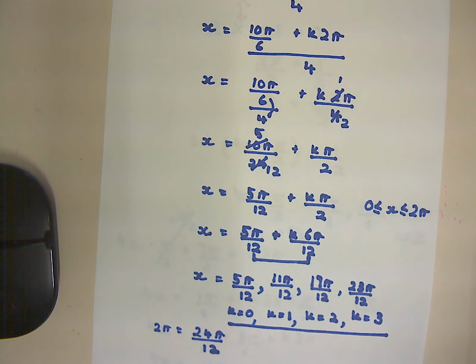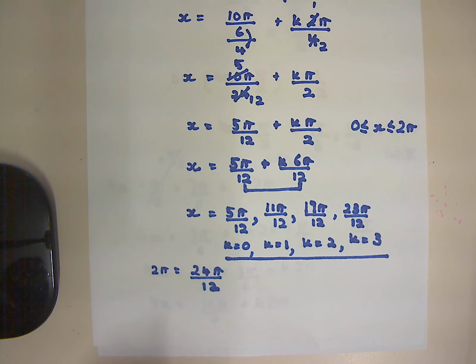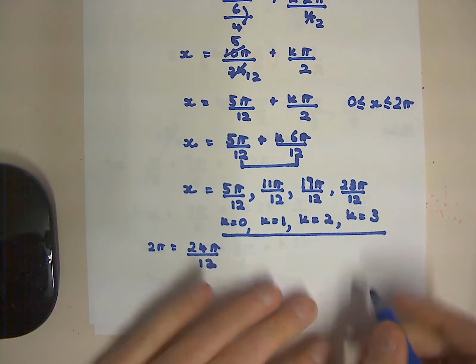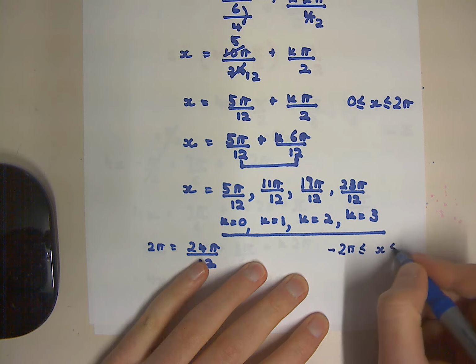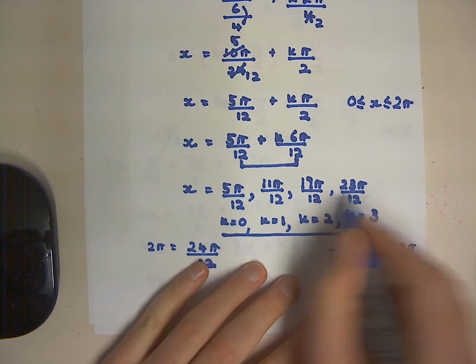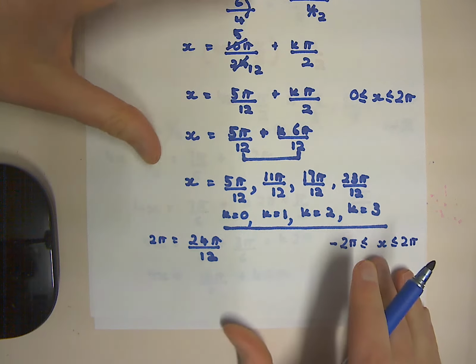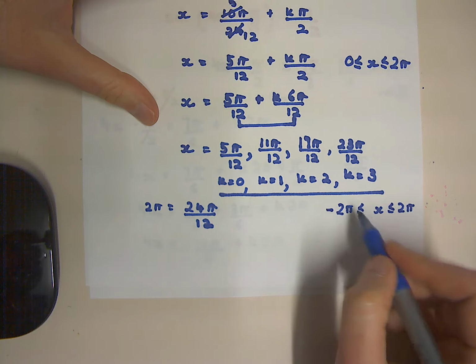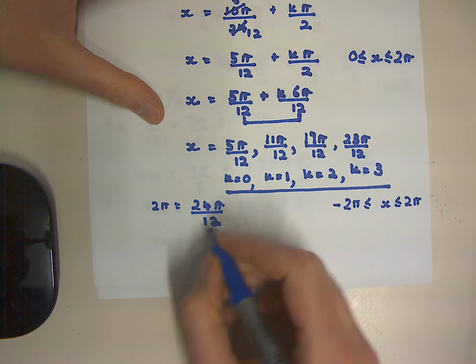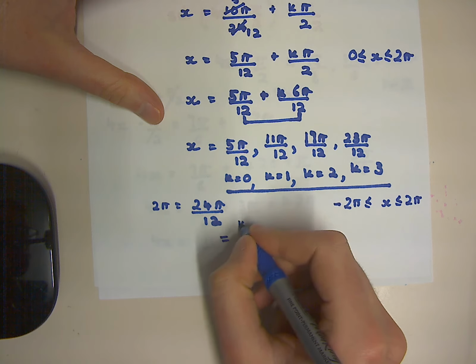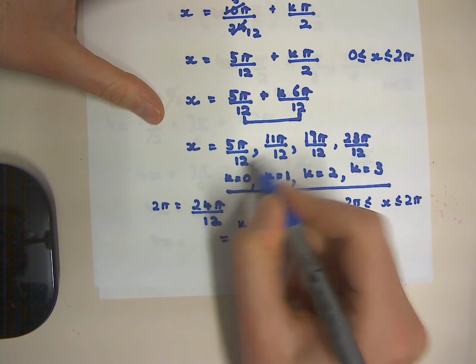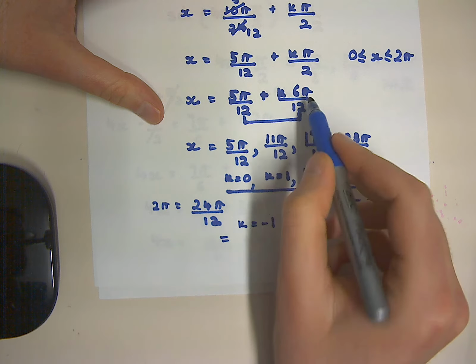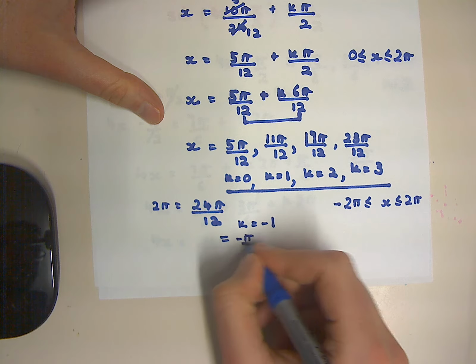Now, it's worth pointing out as well that if my domain was instead not 0 to 2 pi, but rather had been minus 2 pi to 2 pi, well, these would still apply, but we'd have to start using negative k values as well. So if k was minus 1, well, it would be 5 pi on 12 take 6 pi on 12, which is minus pi on 12.